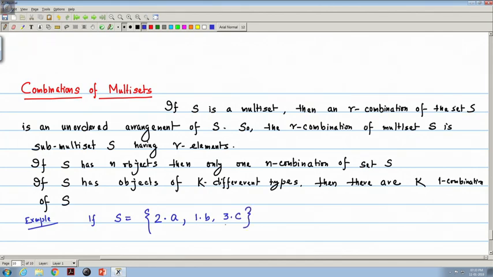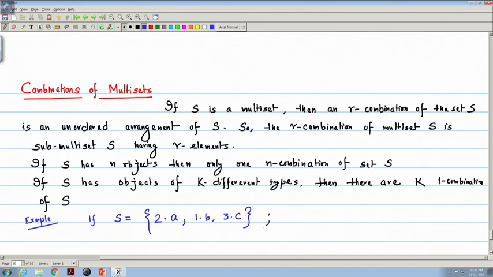Then, since it is unordered, I can write some 3 combinations of S, where the sum is simply 3.